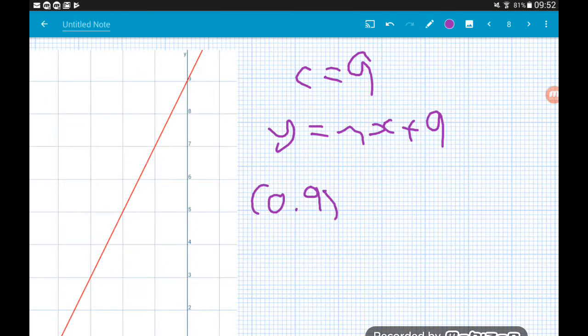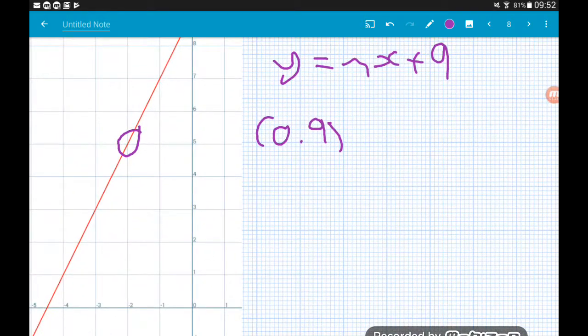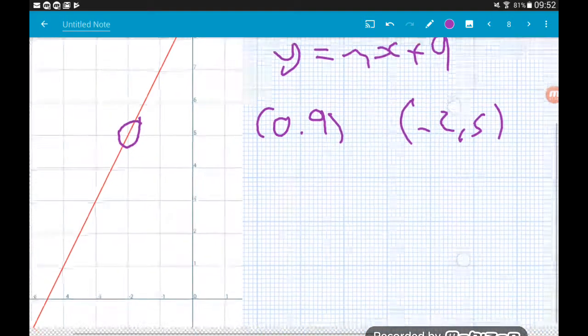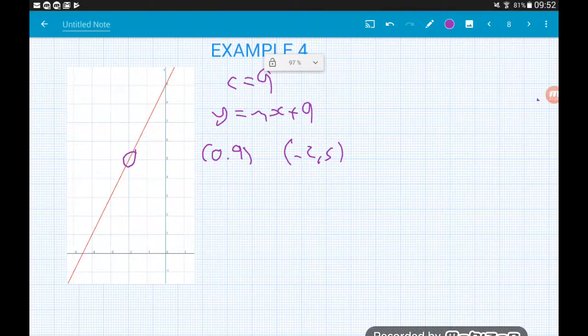So what we also need to find is another point that has nice integer coordinates. So for example, this point here, the line crosses exactly through the corner of a square, and then we can see that its coordinates will be minus 2, 5. Okay, so once we've got 2 pairs of coordinates, we can then go ahead and work out the gradient.